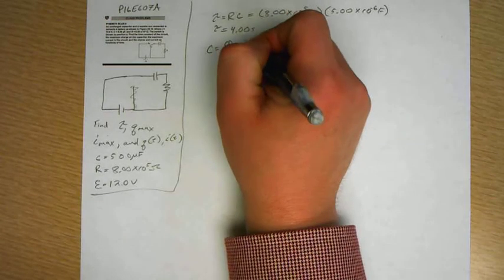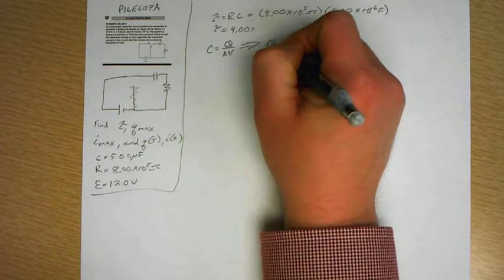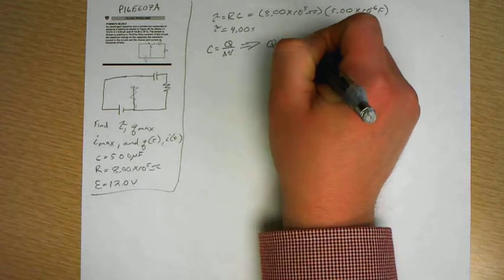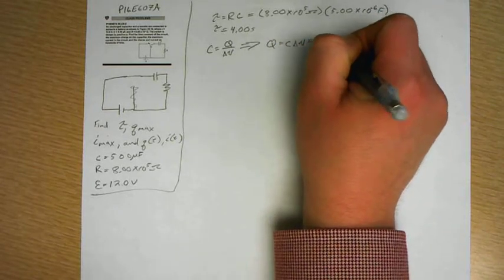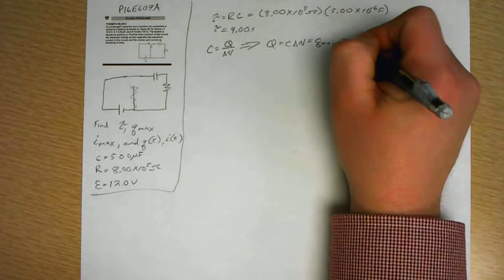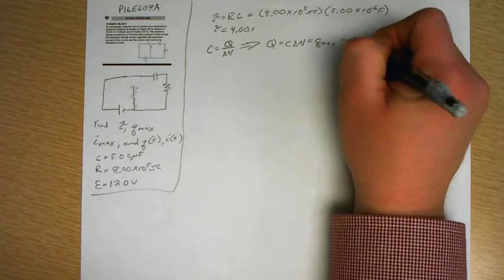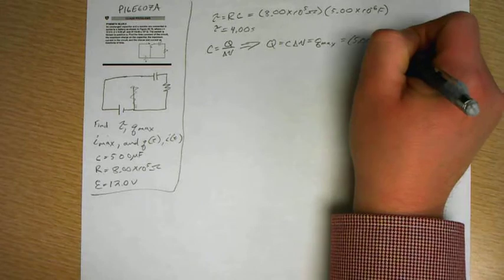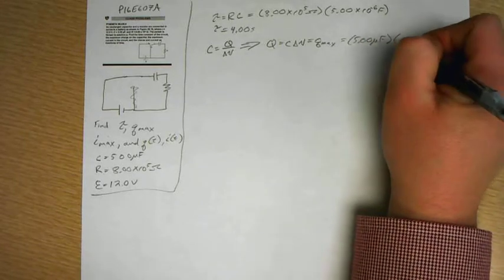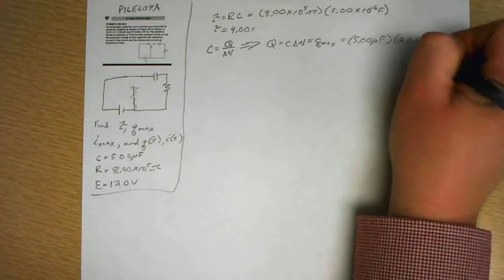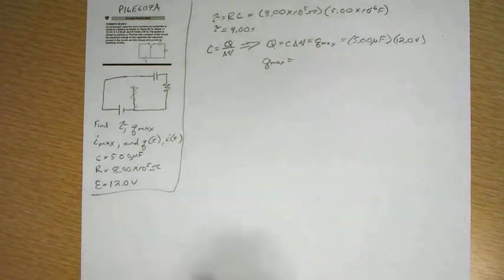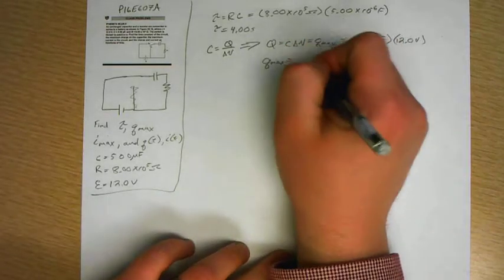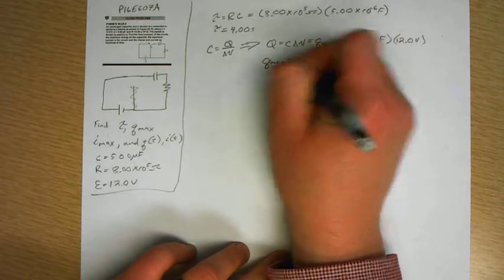So we can say this is Q equals C delta V, or we can also call this Q max. So this is equal to 5.00 microfarads times 12 volts. So Q max, that's kind of the way I prefer to write it, is equal to 60 microcoulombs.